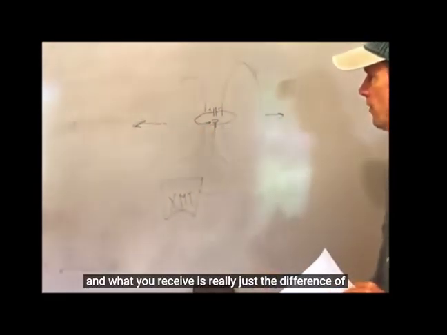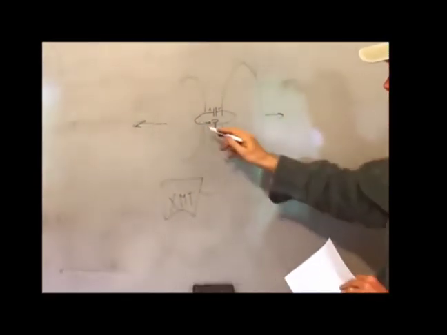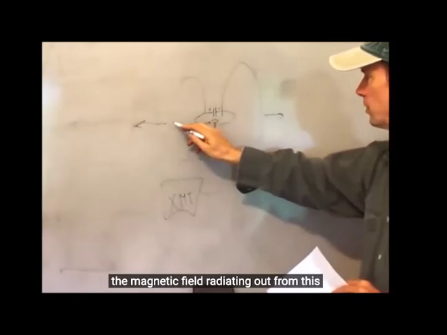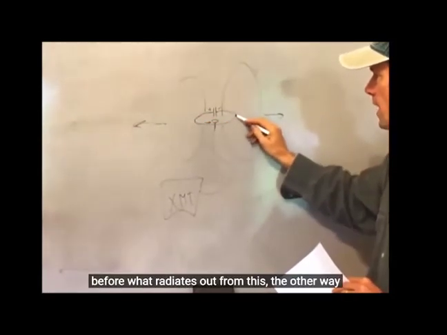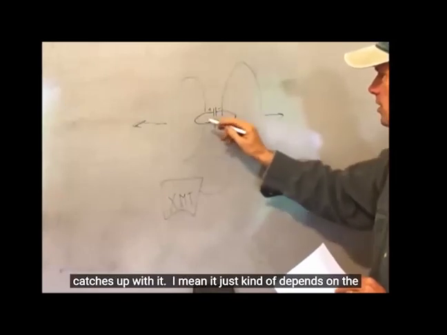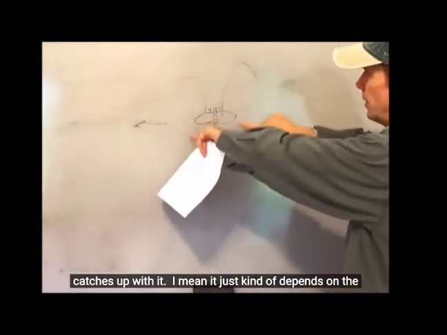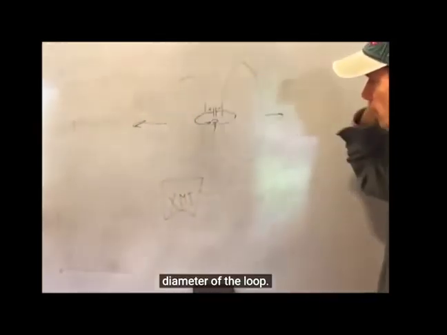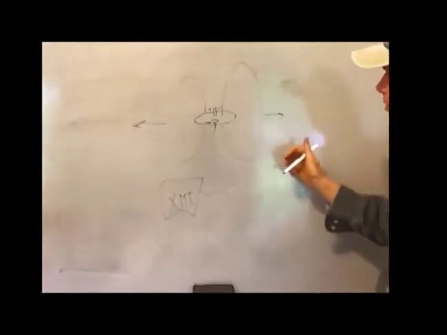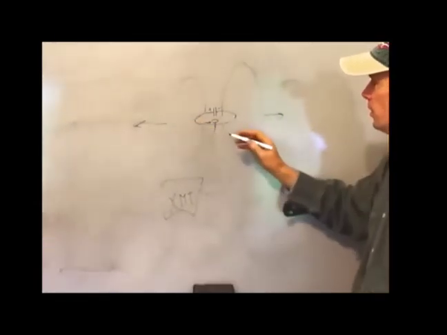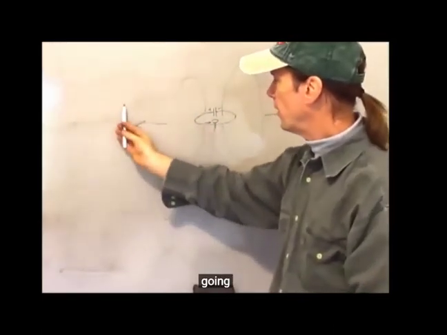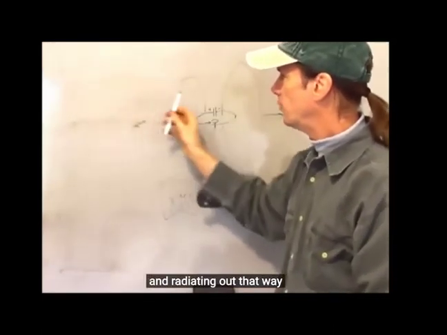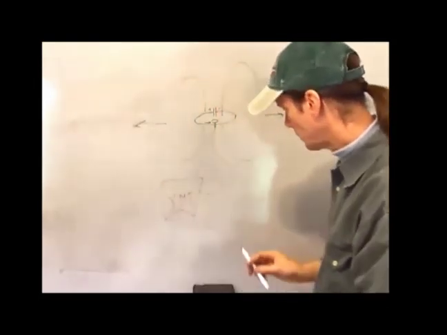And what you receive is really just the difference of the magnetic field radiating out from this before what radiates out from this the other way catches up with it. I mean, it just kind of depends on the diameter of the loop. So way out in the far field, you get a magnetic field going this way or this way and radiating out that way.